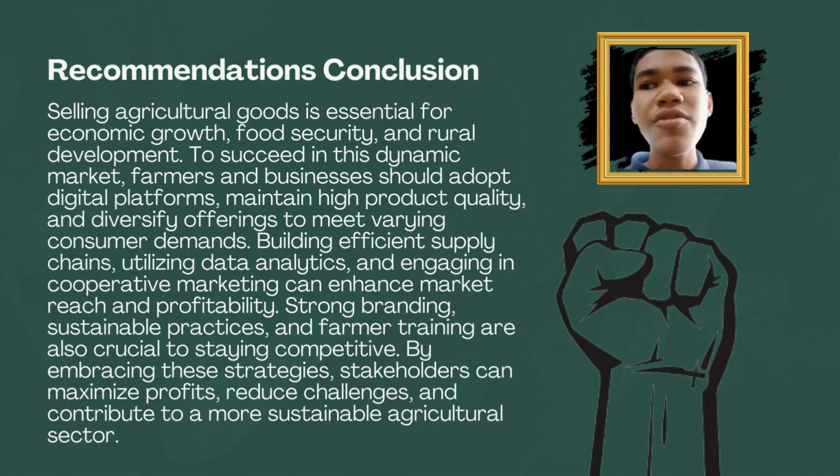Building efficient supply chains, utilizing data analytics, and engaging in cooperative marketing enhance market reach and profitability. Strong branding, sustainable practice, and farmer training are also crucial to staying competitive. By embracing these strategies, stakeholders can maximize profit, reduce challenges, and contribute to a more sustainable agriculture sector.